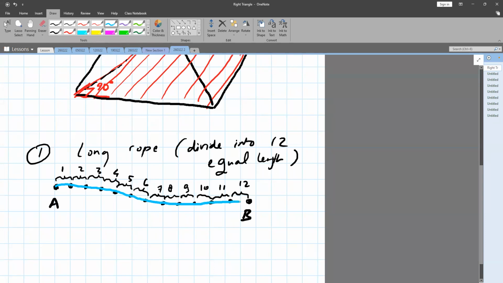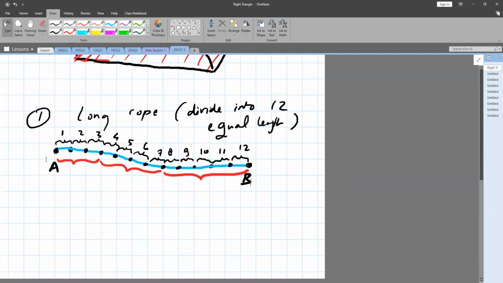So when you have 12 equal length sections like this, they will need first 3 sections and then 4, and then the rest that you have is 5. Is that a coincidence? No, because they know exactly with this rope. So let me now make it a right triangle from this here.